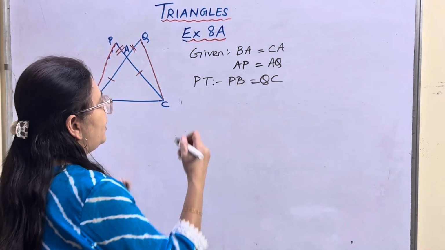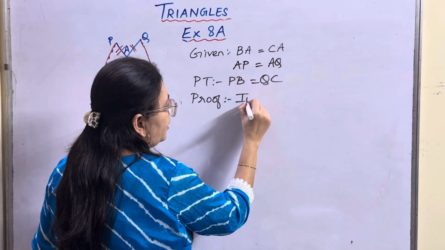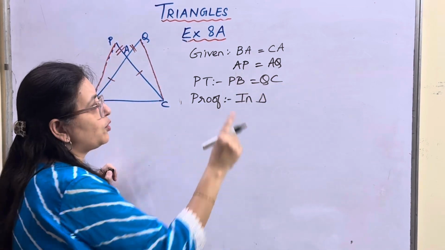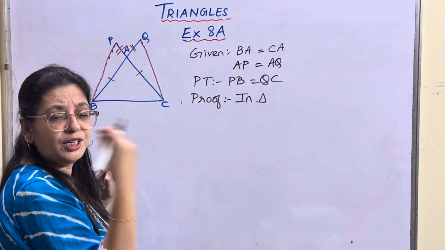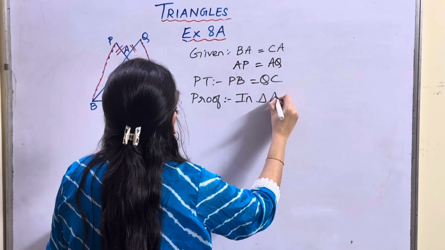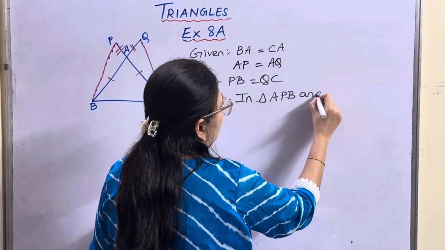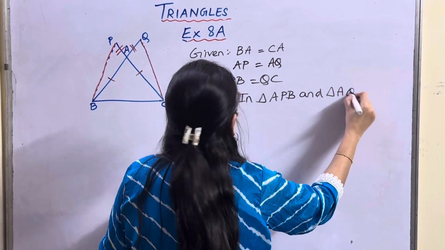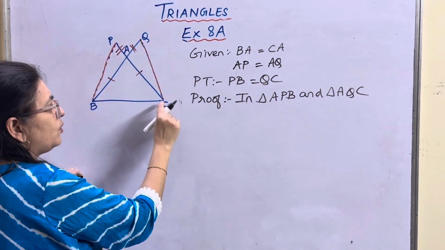Yes, come on, let's start the proof. In triangle, from where will you start naming? Start from any condition that is given to you. AP is given, so start. In triangle APB and triangle AQC.